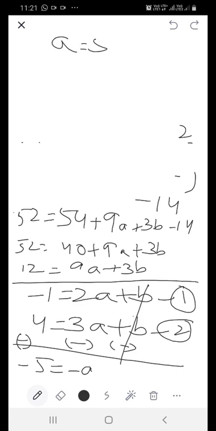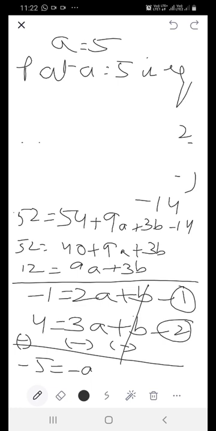And after that, as you have done in ninth also with simultaneous equations, you are going to put a is equal to 5 in the first equation. It will be minus 1 is equal to, instead of a, I put the value, 2 into 5 plus b.